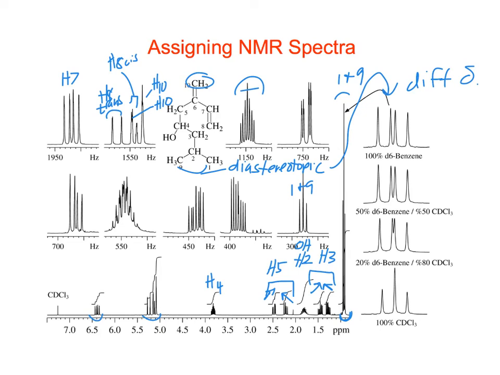It should be 4 doublets. But some of those coupling constants are the same, and so they're kind of overlapping and reinforcing each other. So I'm not going to draw out how that comes out. We could probably go into that simulation program and vary some of those coupling constants and try to reproduce that.